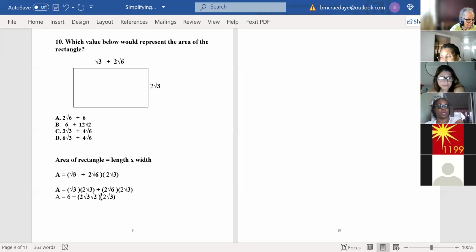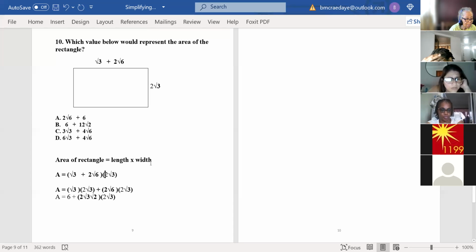And then 3 times 3 is... no, you can't, these are radicals. So the square root of 3 plus 2 times square root of 6 multiplied by 2 times square root of 3. That means this 2 times square root of 3 has to be multiplied by this expression and also by this expression.